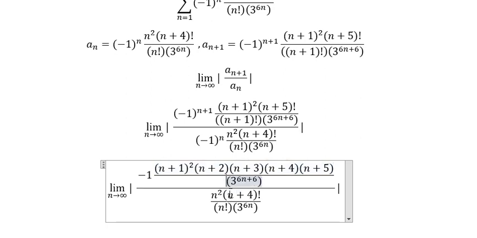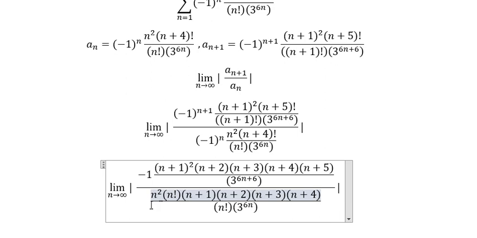Now we do similar for the second one. And this one we can put like this.